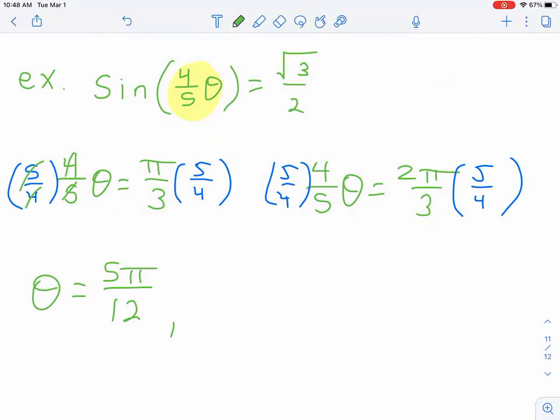And I still have to do the right side. So on the right side, I get theta equals 10 pi over 12, right, which is 5 pi over 6.